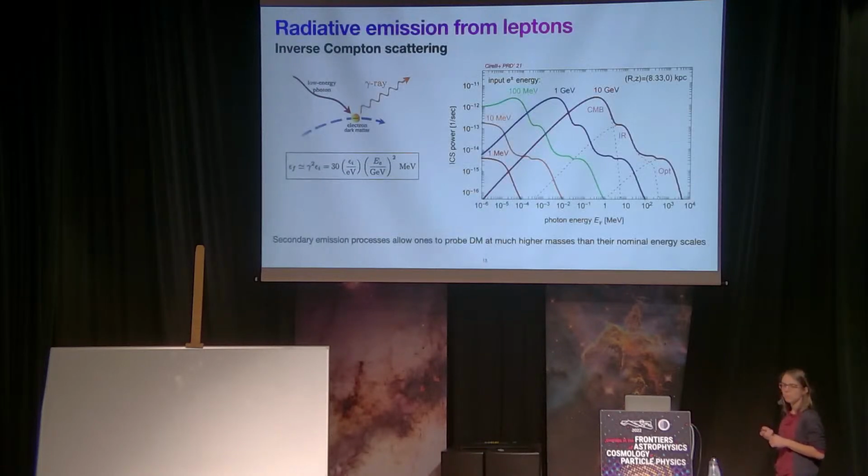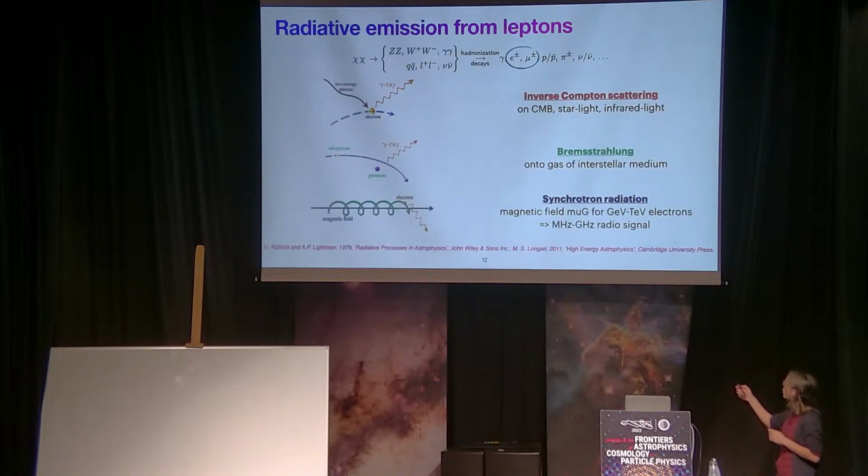You're dealing with electrons, but I guess it will be very similar if you have muons or something, because they decay to electrons, no? At the end of the day. The only important thing is that in the final state you have leptons. You can also have muons that decay into electrons, and then again the electrons do the same. You also have inverse Compton from muons, right.